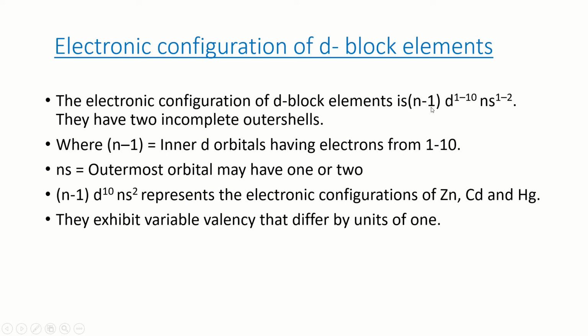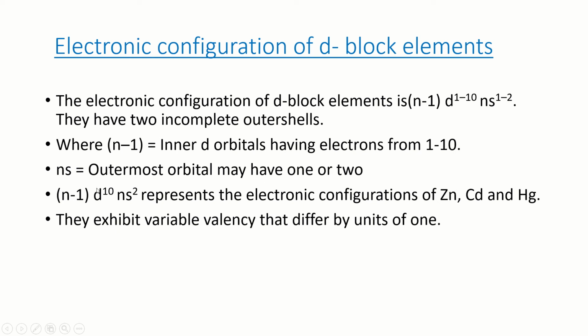For the first 3d transition series, the electronic configuration is 3d1 to 10 4s2. They have two incomplete outer shells, where n-1 is the inner d orbital having 1 to 10 electrons and ns is the outermost orbital, which may have 1 or 2 electrons.